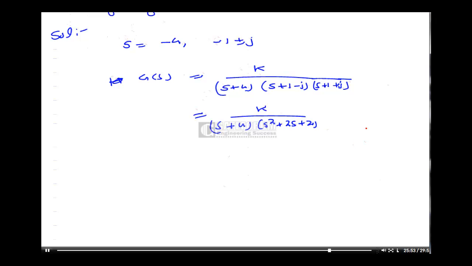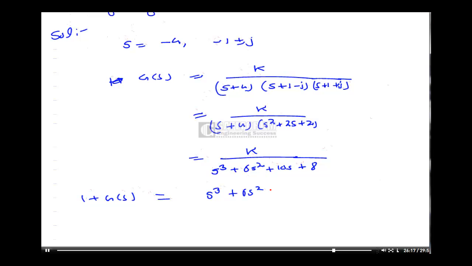So this will become K upon s cube plus 6s square plus 10s plus 8. This is G(s). So what is 1 plus G(s)? This will be s cube plus 6s square plus 10s plus 8 plus K. This will be my characteristic equation.